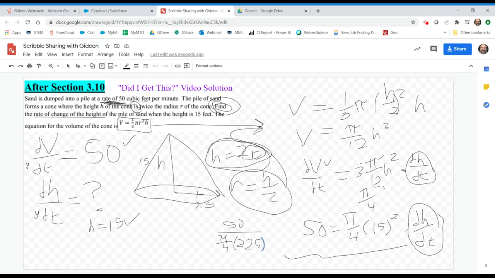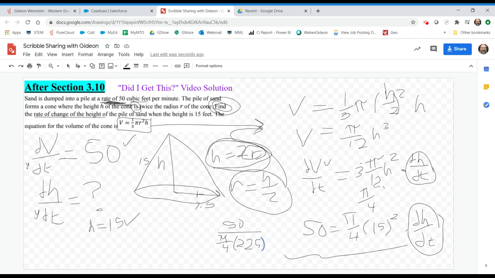You're going to be told something that relates the variables within the shape, right? Many shapes have two variables. You'll be told something that relates them together, and then you'll be asked a question about another rate, and they'll say when, meaning at the instant, right? So that gives you the number to substitute back in, the 15 at the end.